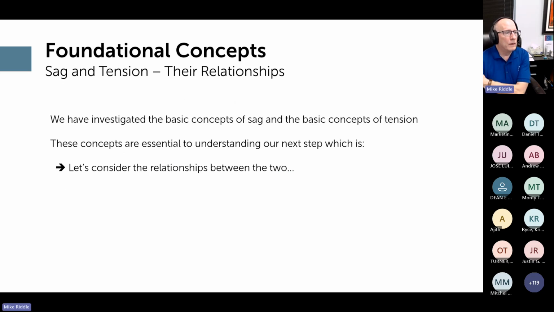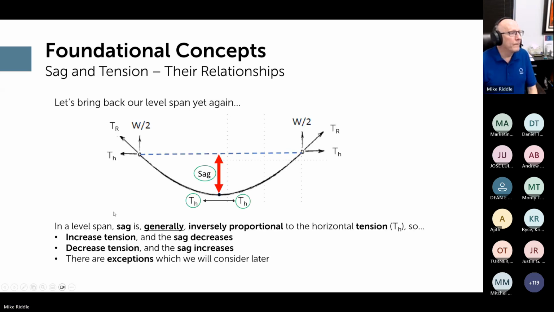So we have looked at the basic concepts of sag and the very basic concepts of tension. And now we're going to look at the relationships between the two. So our level span again. So we have our sag and we have our horizontal tension.